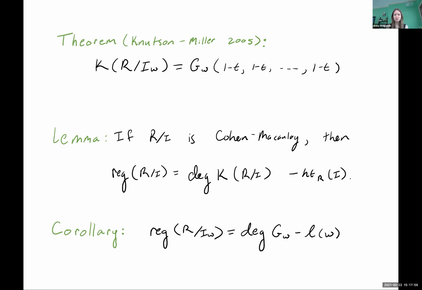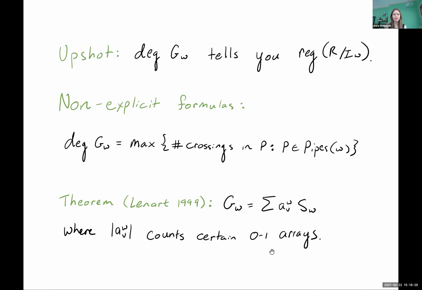So this really tells us, based off of this lemma, that if we want to know the regularity of R mod the Schubert determinantal ideal, it's just the degree of the Grothendieck polynomial minus the Coxeter length of the permutation, which is again telling you the height of the Schubert determinantal ideal. So we can at this point start to set aside all of the commutative algebra entirely and just focus on asking what is the degree of a Grothendieck polynomial.